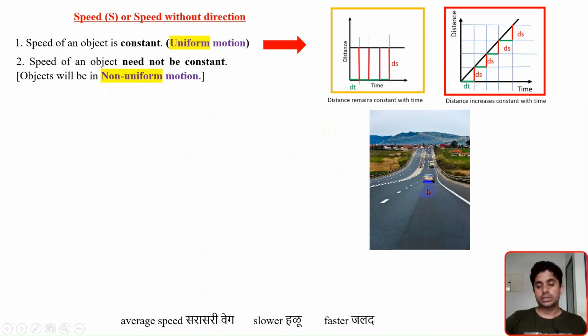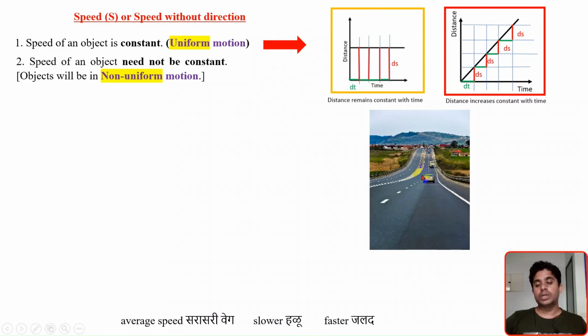Consider the same car case. Whenever there is an upward slope, we will increase the speed. Whenever there is a downward slope, we will reduce the speed. And whenever there is a flat surface, we will try to keep the speed constant.